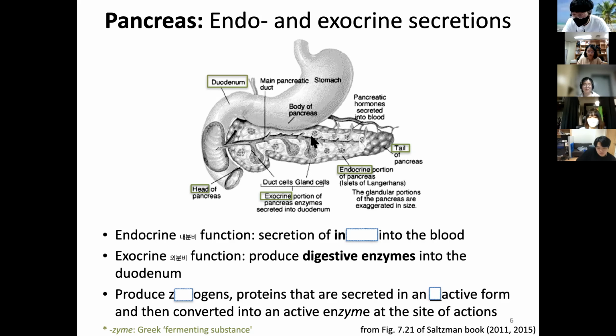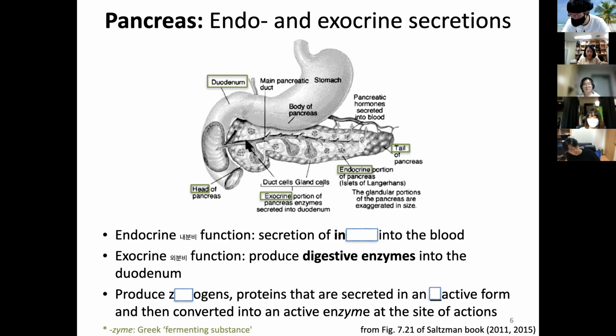It has this shape, and the part close to the small intestine is called the head of the pancreas. Of course, the other side is the tail of the pancreas. And it connects to the duodenum, and pancreatic juice comes out through this duct.